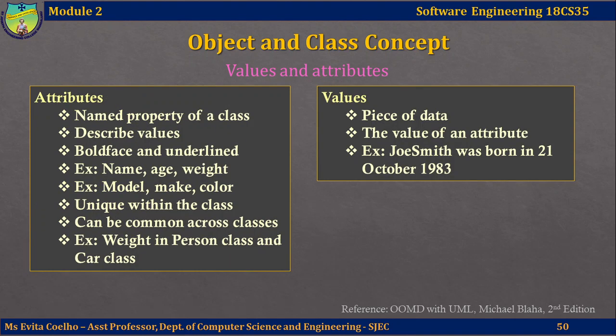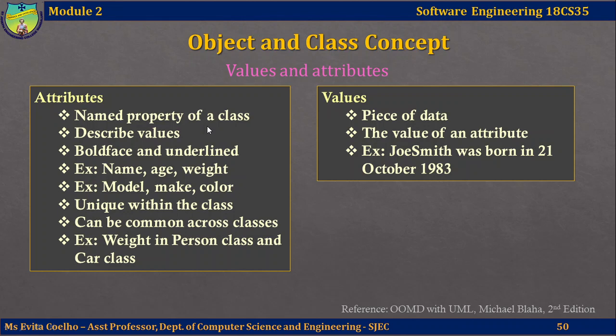Let's now talk about attributes and values. A value is a piece of data. The attribute is a named property of a class. As we have already discussed in the first chapter of this module, a class can define various attributes and operations. Attribute indicates property or state, whereas operations indicate behavior.